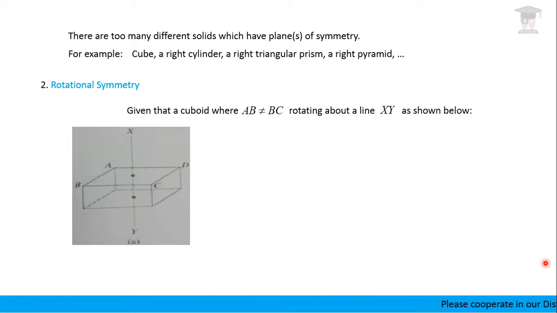On page 255, you will see that this is side AB which is not equal to BC.